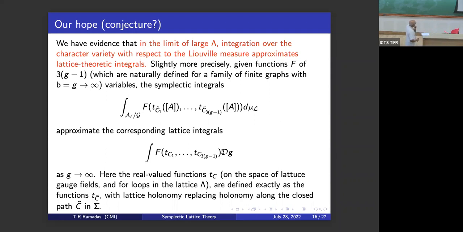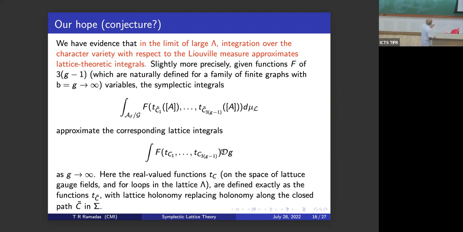Slightly more precisely, supposing I'm given a function of 3g minus 3 real variables, you can, on the one hand, consider the symplectic integrals, which we have talked about before: take the corresponding function of the holonomies of flat connections, and integrate against the Liouville measure. We know how to evaluate those in terms of the Duistermaat-Heckman formalism.